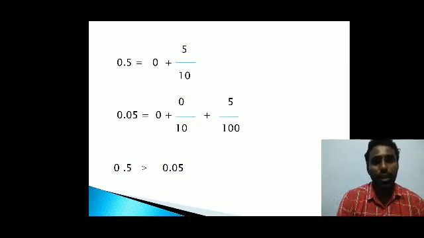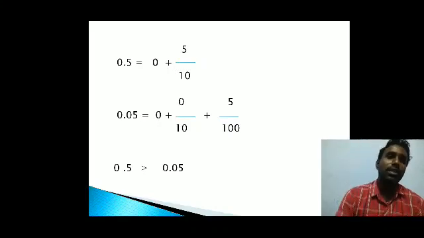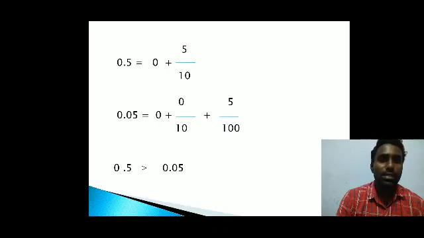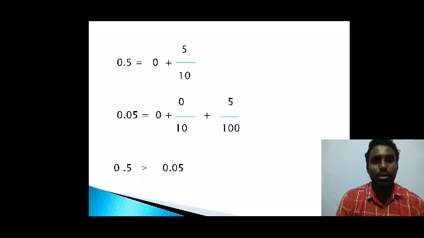So 0.5, I'm going to write as 0 plus 5 by 10, because 0 is the whole part and the decimal point after the first digit is 5, so 5 by 10. 0.05 means 0 plus 0 by 10 plus 5 by 100.